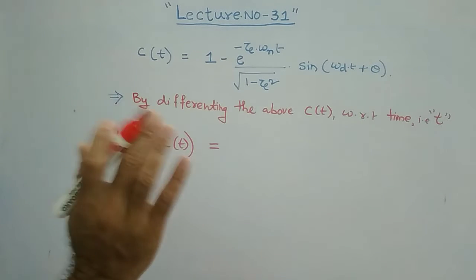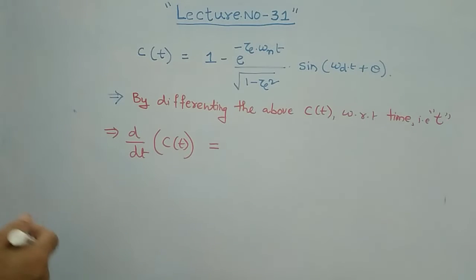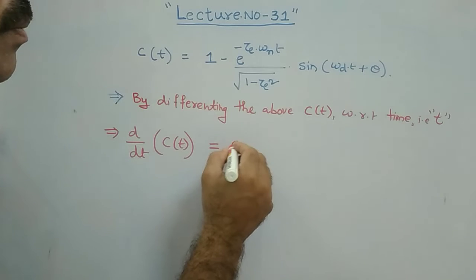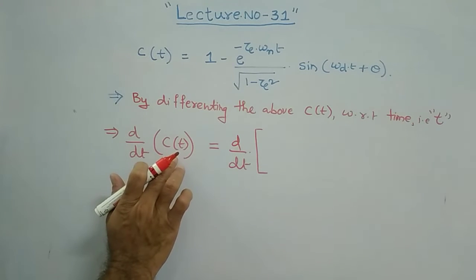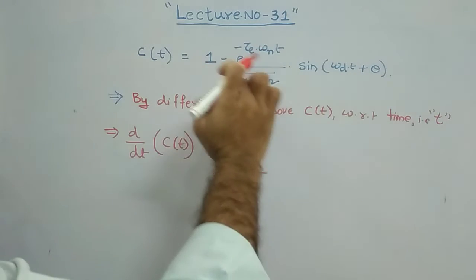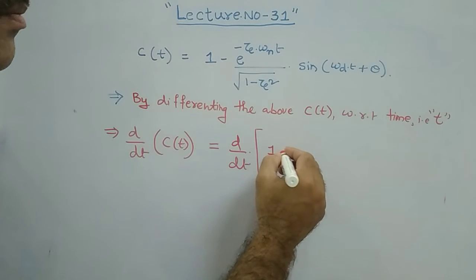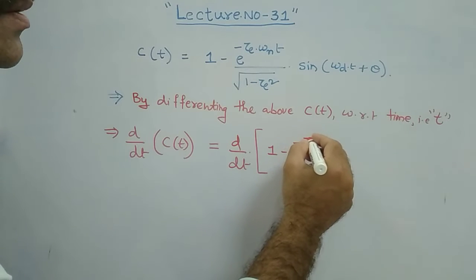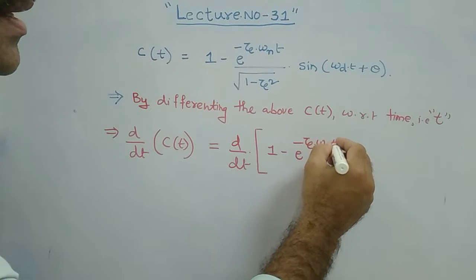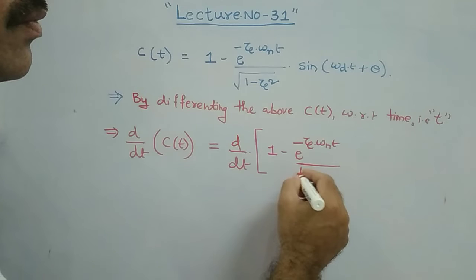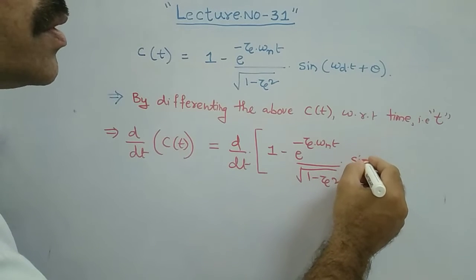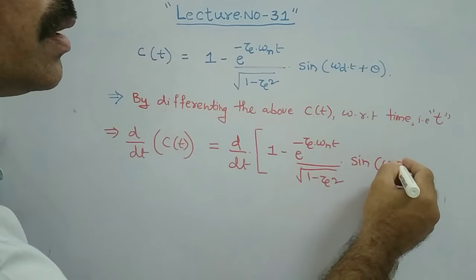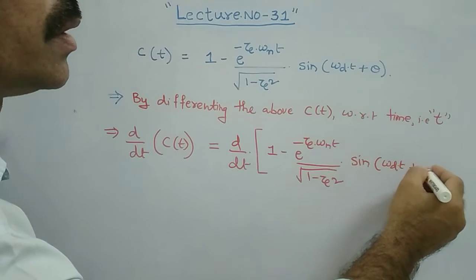First you differentiate, then we will equate to 0. Clear? D by dt of C of t is d by dt of this entire expression: 1 minus e power minus zeta omega n times t under square root of 1 minus zeta square into sine of omega d times t plus theta.